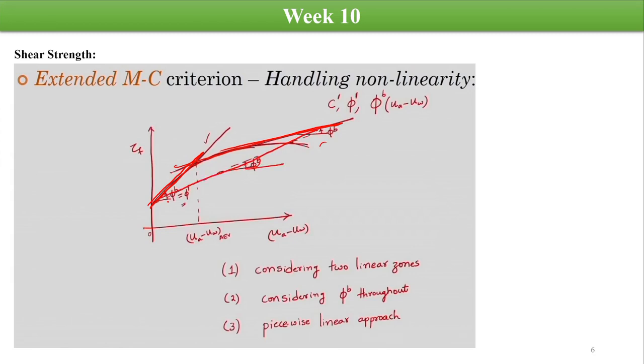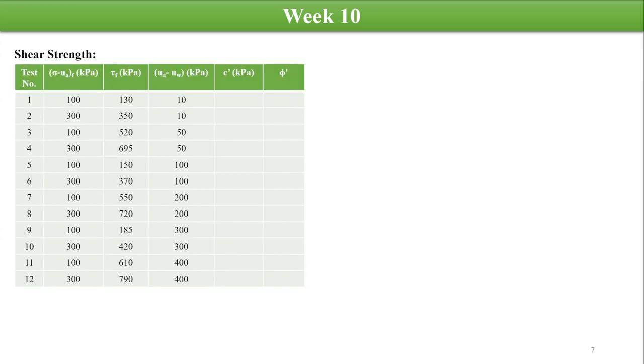And the third one is the piecewise linear approach, where we calculate the phi b for all the piecewise values, at every intersection. Okay, so for doing this, we'll solve a numerical problem again.